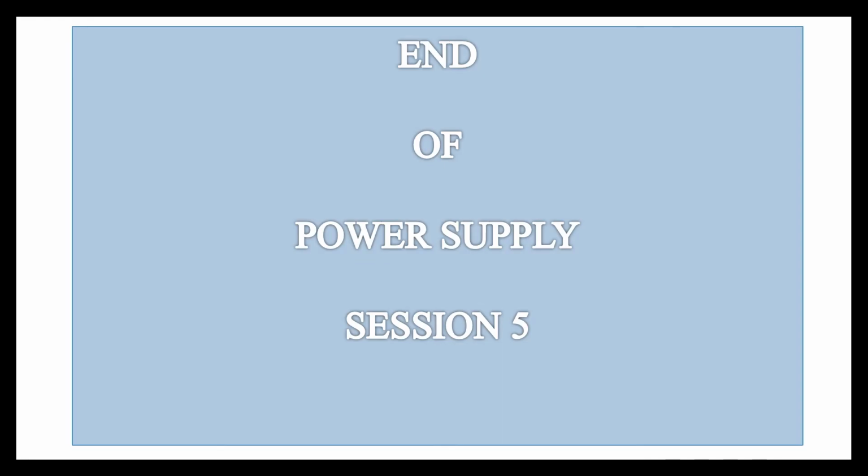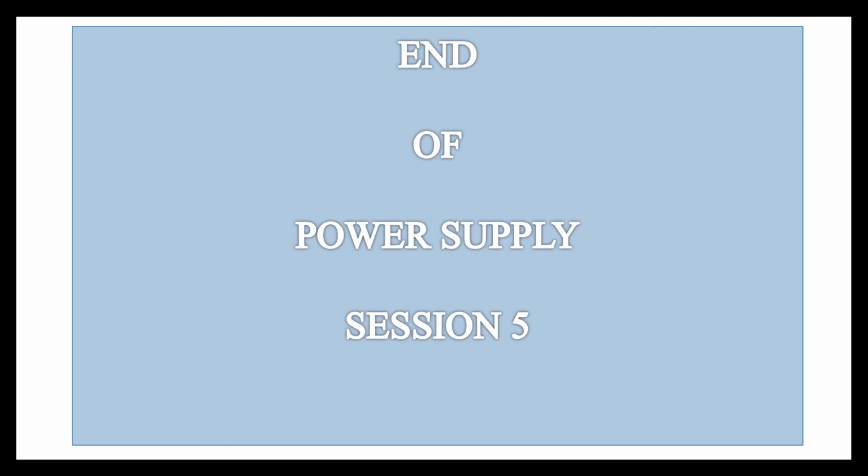So here we came to the end of the session. In the last session we saw the zener as a voltage regulator. In today's session we have seen the 3-pin IC as a voltage regulator. We have seen the functional block diagram of the 3-pin IC voltage regulator, then the two types of voltage regulator IC, the fixed voltage regulator and the variable regulator IC circuit.